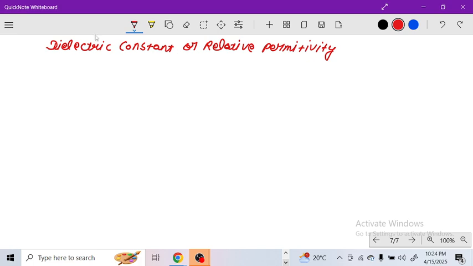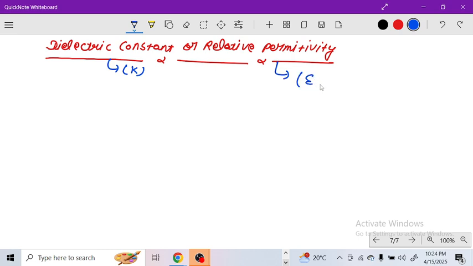Write the definition of dielectric constant or relative permittivity, Kavya. Dielectric constant is symbolized as K, and relative permittivity is symbolized as epsilon R. Both are same.